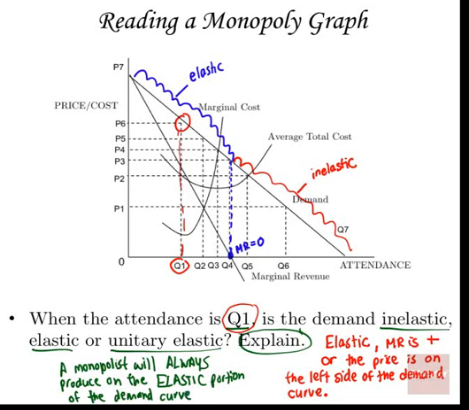The reason is that the profit maximizing output will be on the left-hand side of the revenue maximizing output. And again, we know that the left-hand side of the demand curve is going to be elastic.